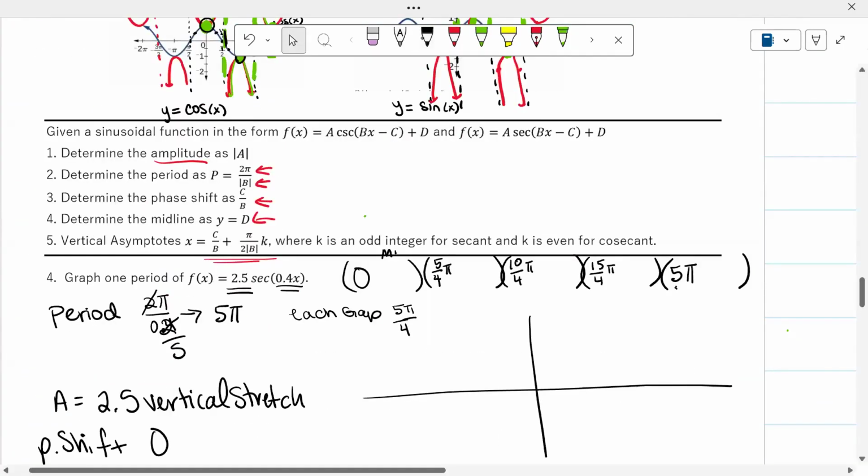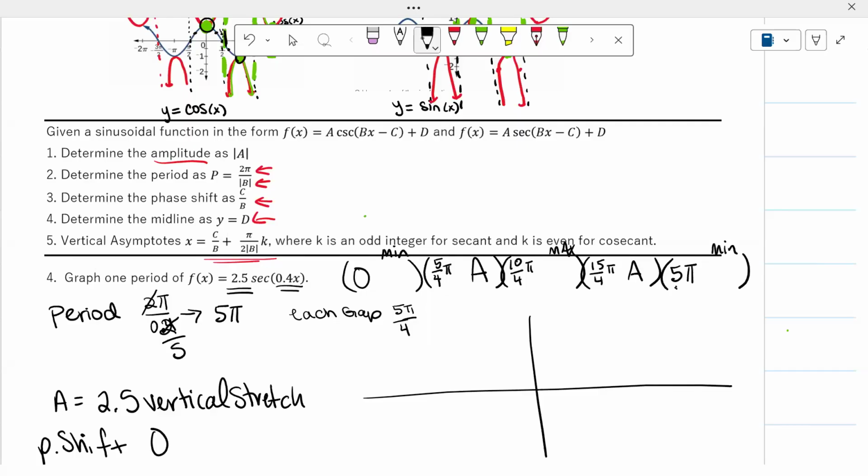This was a minimum of a U, this was an asymptote, this was a maximum of a U, this was an asymptote, and this one's back to the minimum of a U. It used to be a 1, and now we're vertically stretching it to 2.5. Since we don't have a d on the back end, there's no vertical shift, it's just the stretch. So 2.5 right there is the minimum of that U.